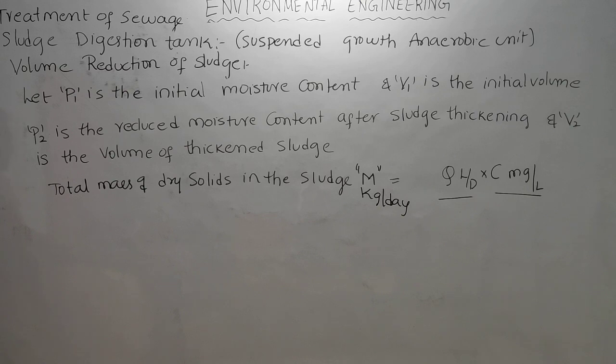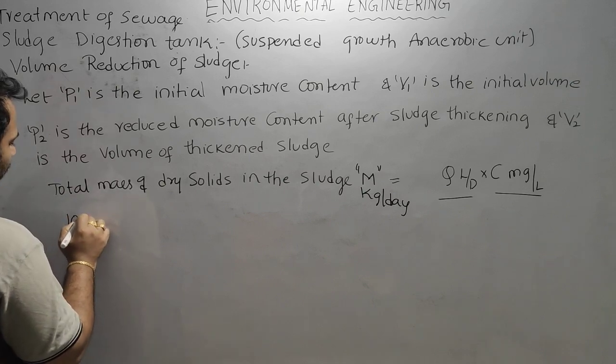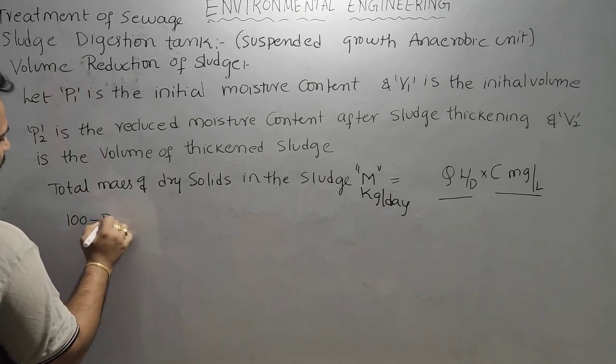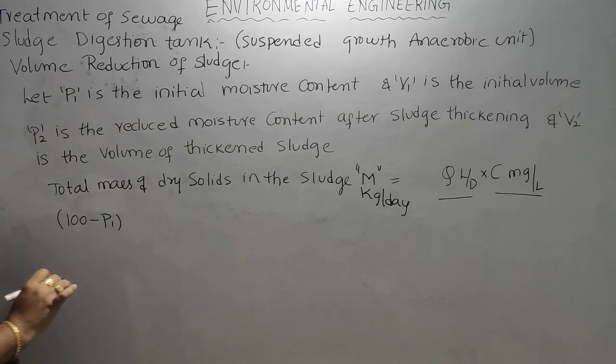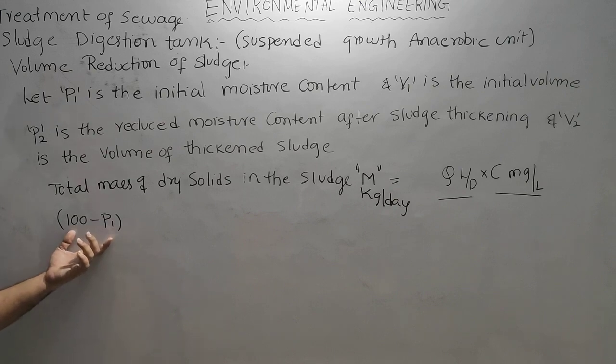So here, if P1 is the moisture inside the sludge, then what is the proportion of the solids? 100 minus P1. If you are taking 100 kg of sludge, then 100 minus P1 kg of dry solids.